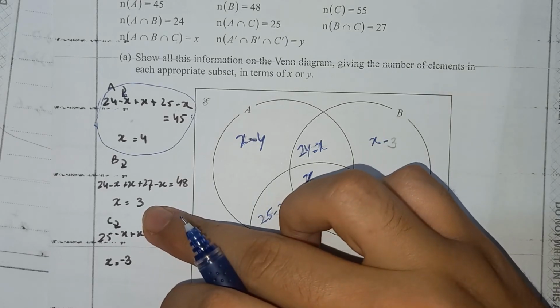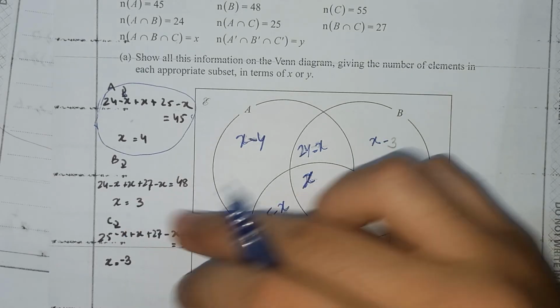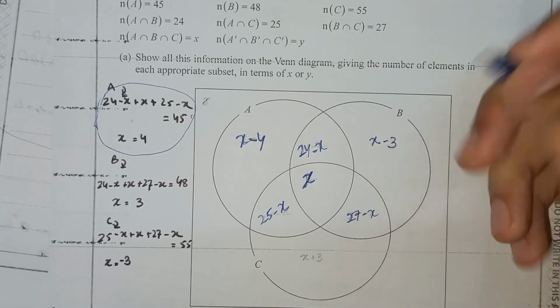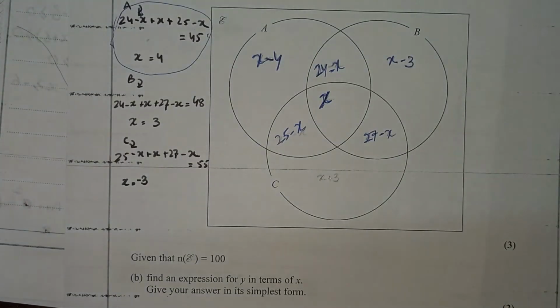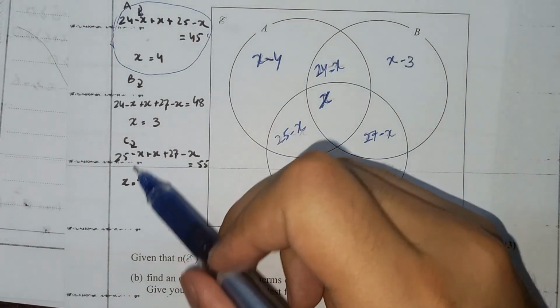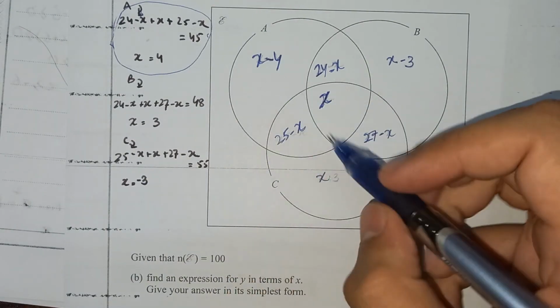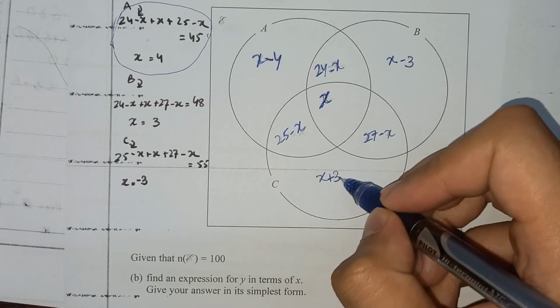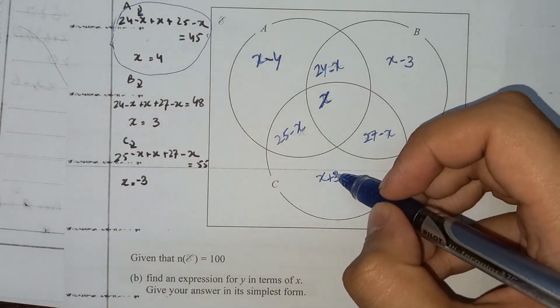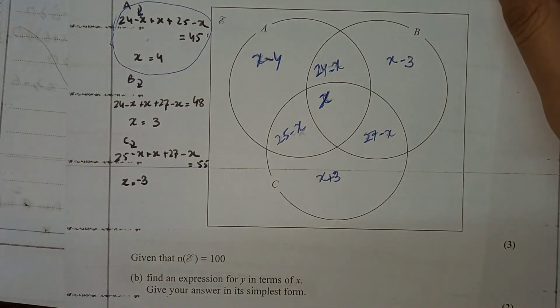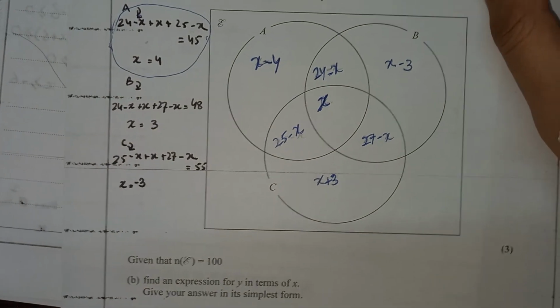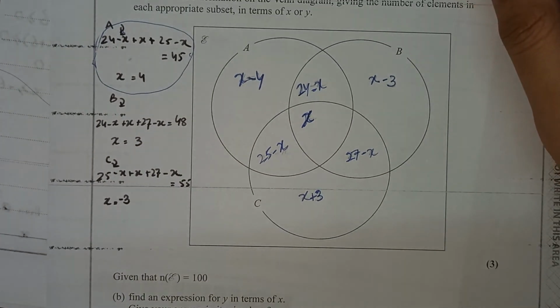We get x equals 3, so move 3 to the other side and write it over here. For C, do the same thing, and we get x equals minus 3, so moving it to the other side we will get plus 3. I hope you understood this part, because this was actually the hardest part, or as for me, I think.